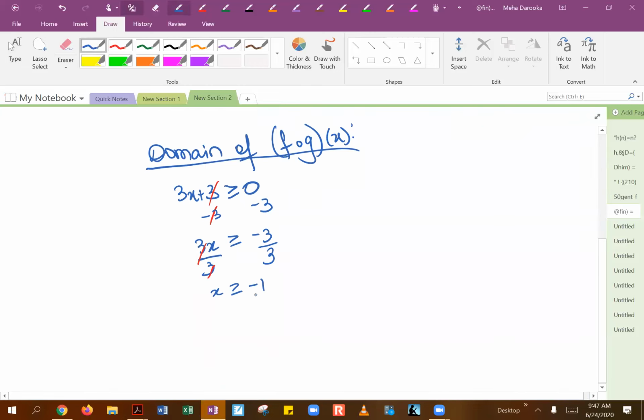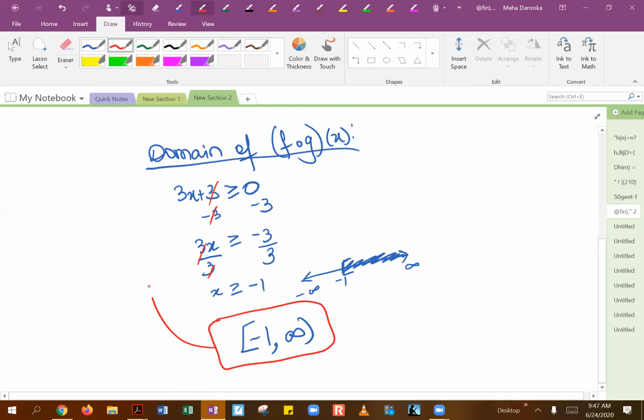So the domain of our function can start at -1 and go all the way to positive infinity. So it's going to be like Clinton had it, from -1 to infinity, and this is going to be the domain of our composition.